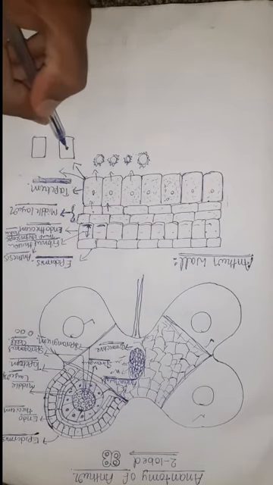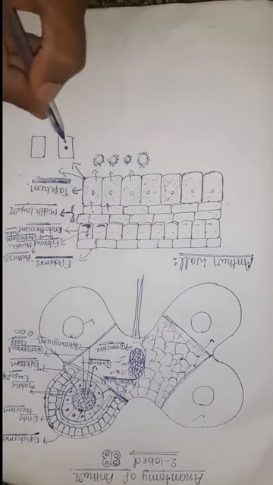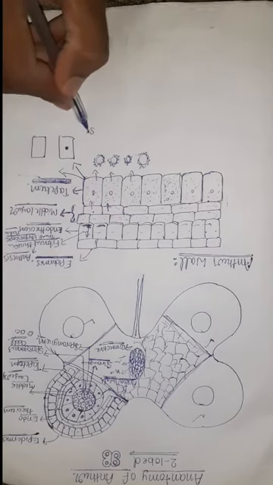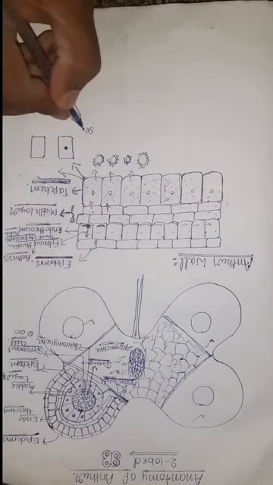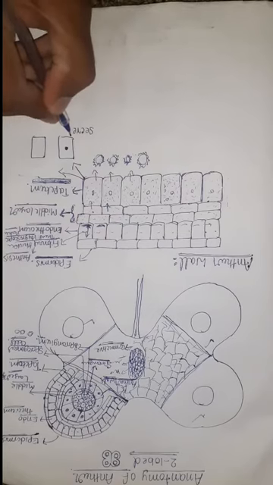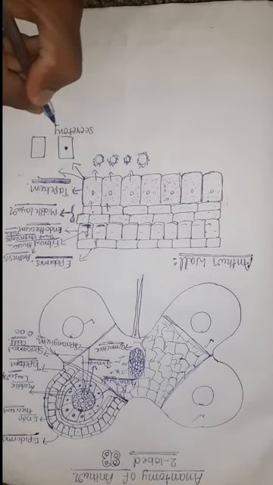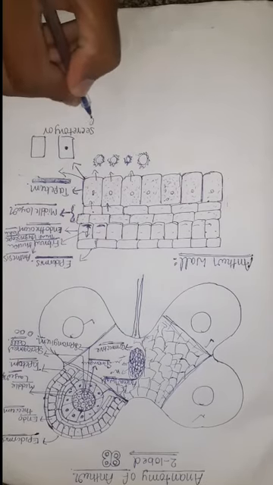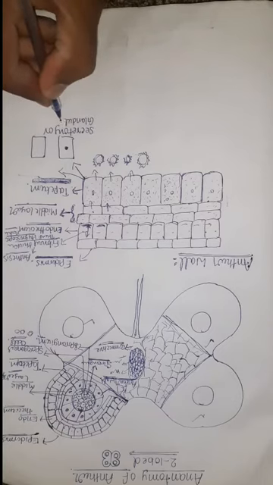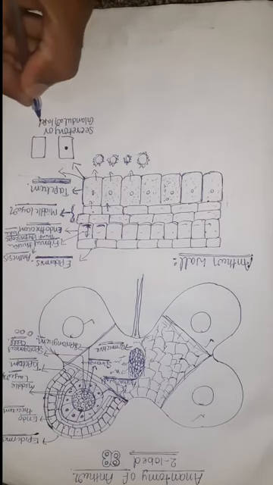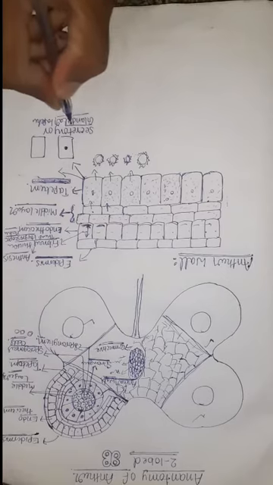One type is called secretory tapetum, or glandular tapetum. This is one type.